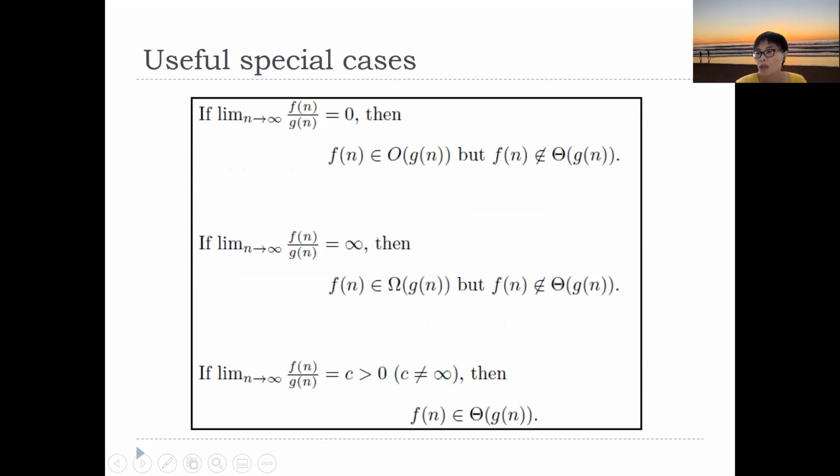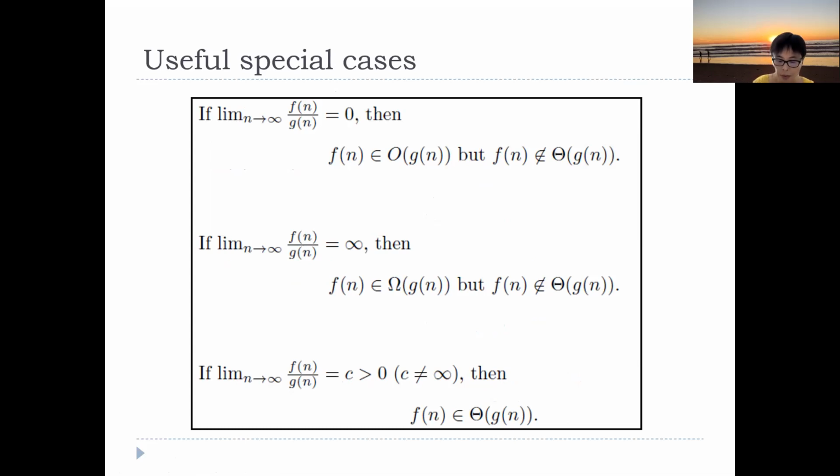There are some useful special cases that, in practice, when you try to understand the relations between two functions, can be very handy. For example, if the limit of f of n over g of n goes to 0, what does that mean? Intuitively, when n is large, f of n is much smaller than g of n, so it grows much more slowly.